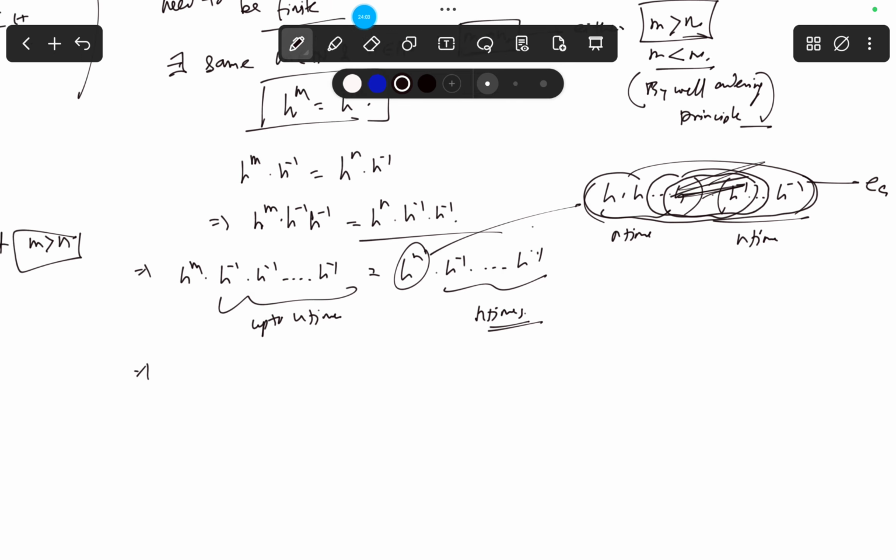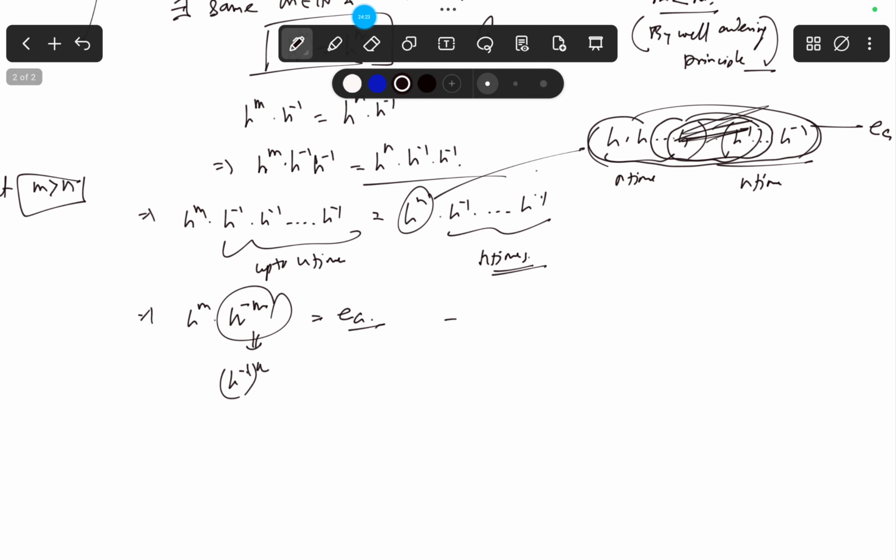So we have h power m times h power minus n, where h power minus n is nothing but h inverse whole power n, that is n copies of h inverse, equal to the identity element e of G.